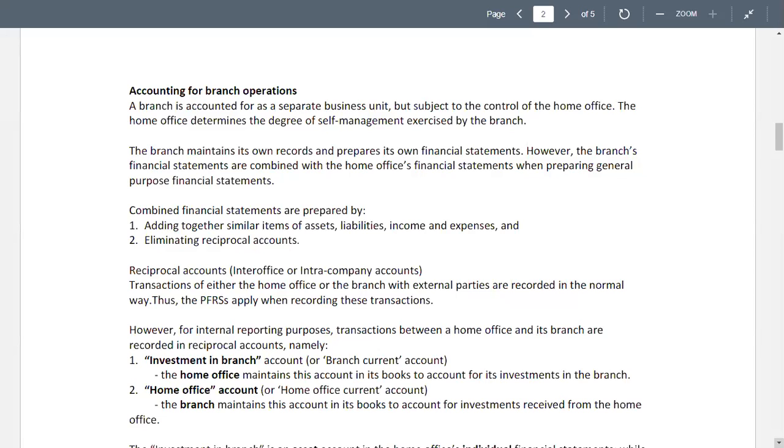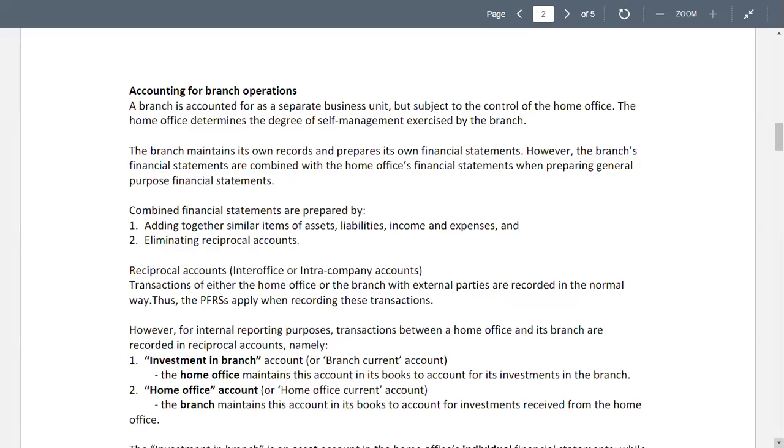Take note that the account investment in branch or branch current is found in the books of the home office, while the account home office current or home office is found in the books of the branch and normally has a credit balance representing the accountability of the branch to the home office.